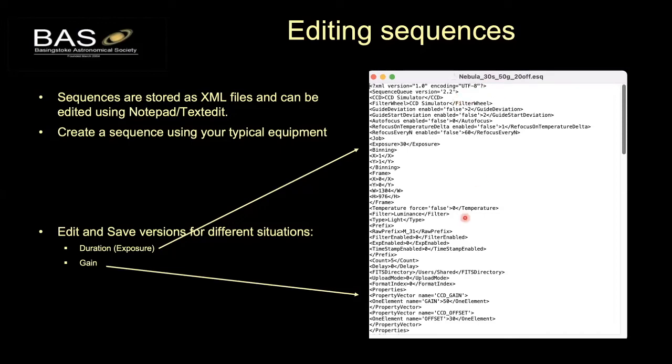So it's straightforward, it's an XML file. You just take one first, then edit it as you please. In this case, it's pretty readable. Don't need a technical brain to do this. The exposure is there, the binning is there, and all these here, the deviation enabled, false, true, all those are from the bottom of the screen, which I said, right?